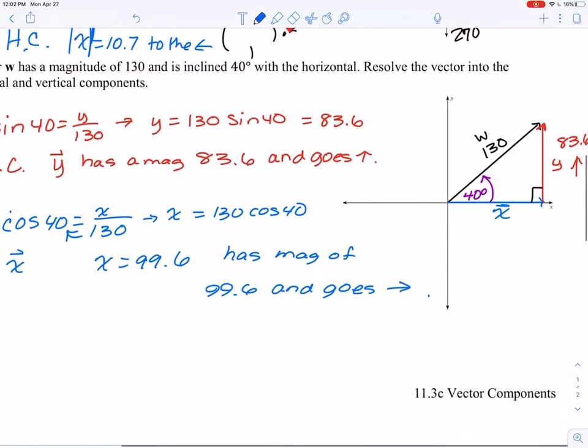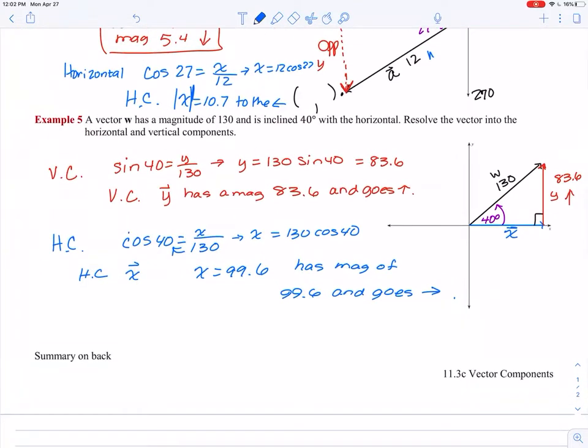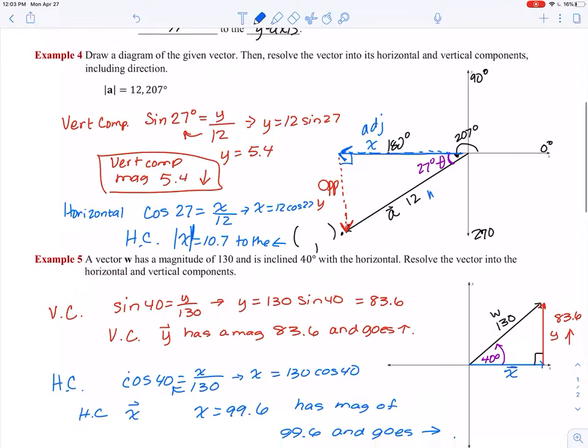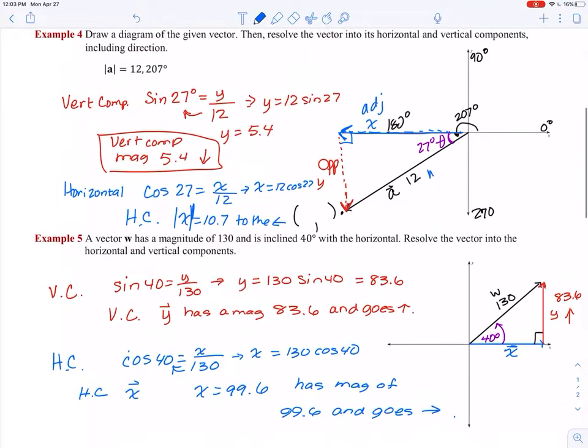And let's just sum that up. So all you're doing here is just using your basic trig, and you're using your knowledge of how to rotate around a coordinate plane where your positive x-axis is 0, and then you rotate in a positive direction. And then you're just using your knowledge to determine what your angle theta is if it's greater than 90 degrees.